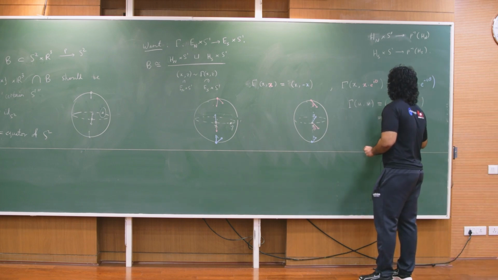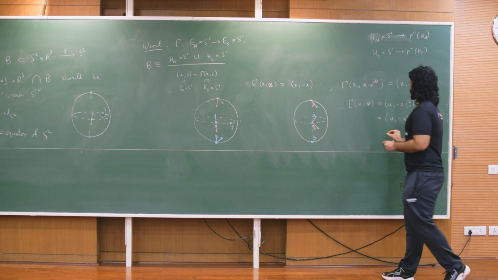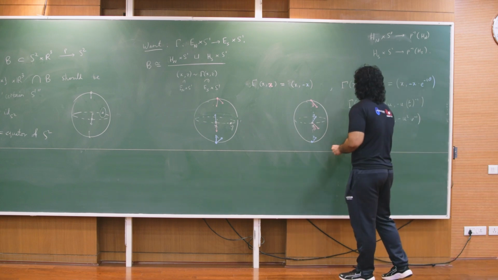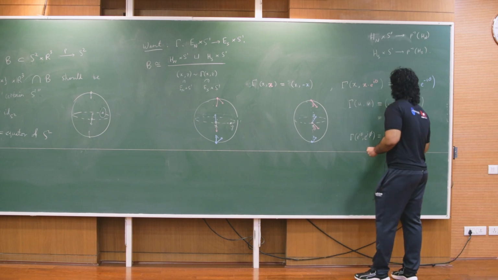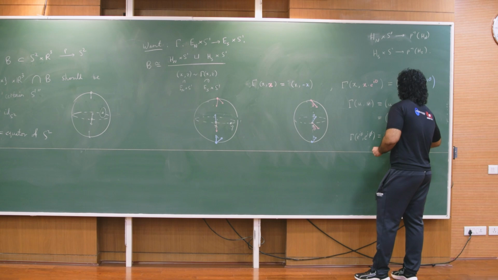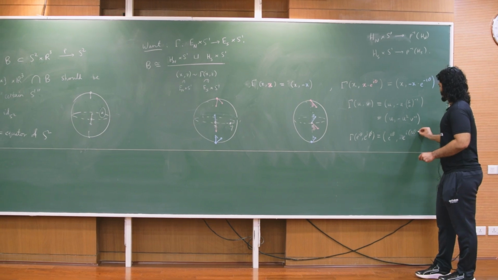So simplifying, you have u squared v inverse, and if you like thinking in terms of angles, then I can say gamma of (e to the i theta, e to the i phi) is e to the i theta comma, so this will become 2 theta minus phi and then plus pi for the minus sign, something like that.